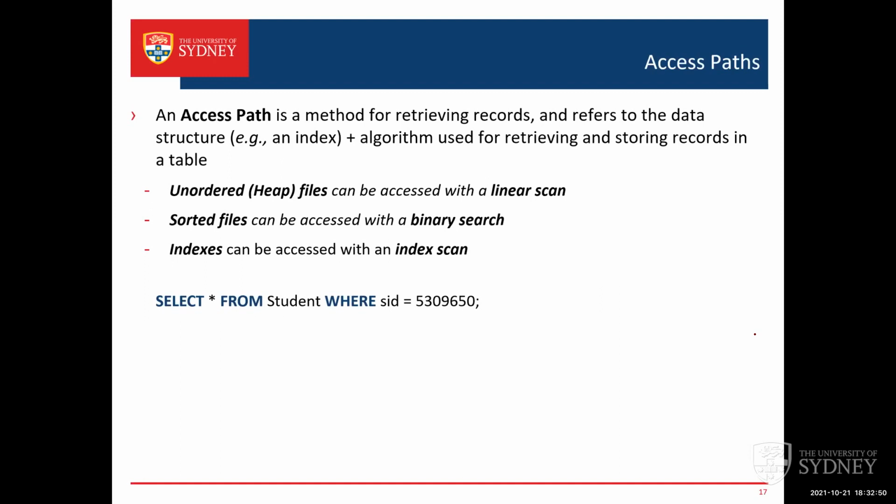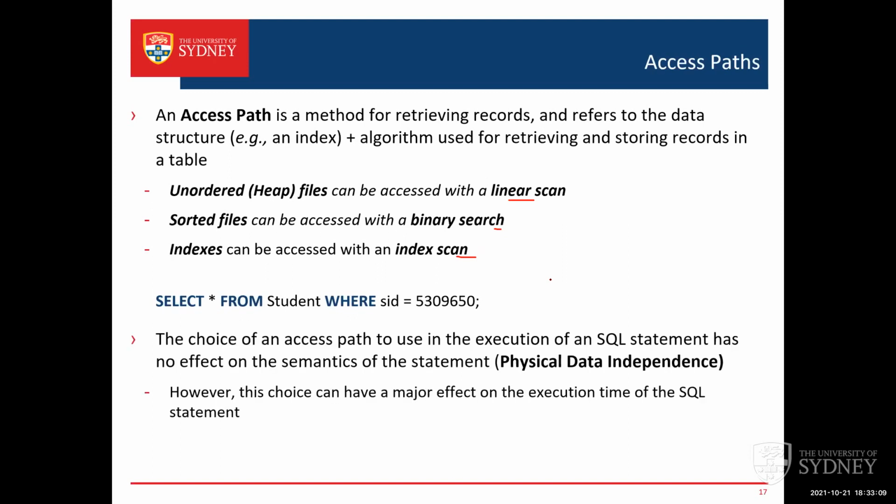Select everything from student where SID equals this. It doesn't matter which process you are using, the output will always be the same. What will be different is the execution time, how quickly you can get the output, right? So that will differ. That is the first thing to understand, and that is what is written here.